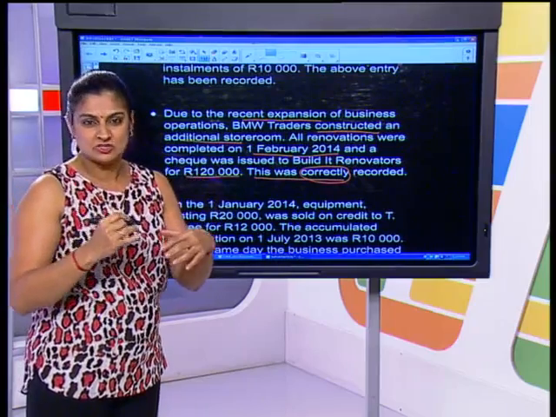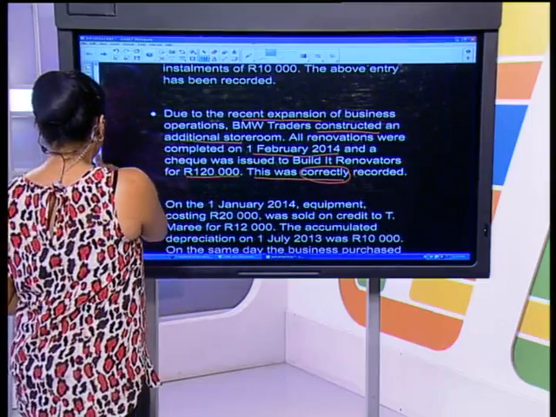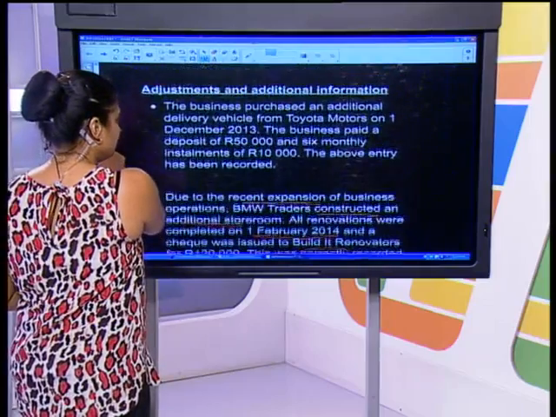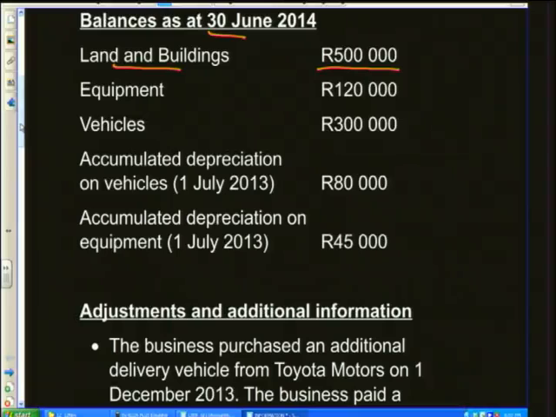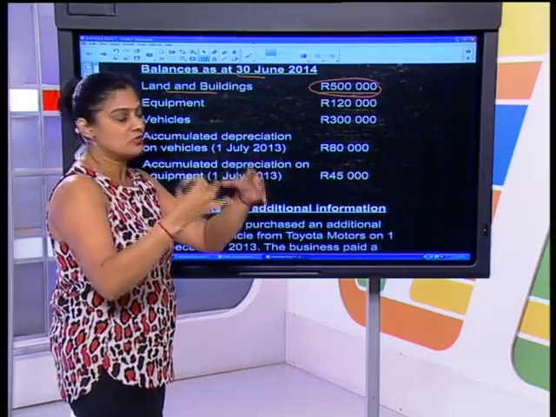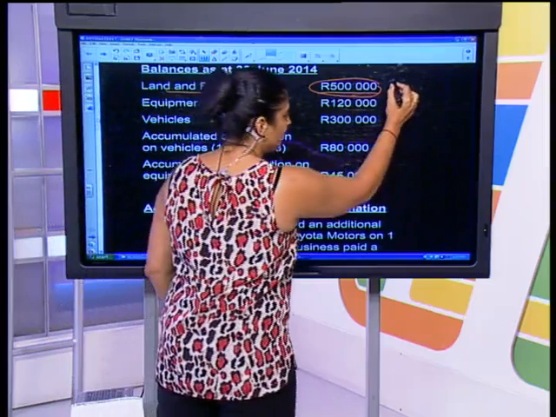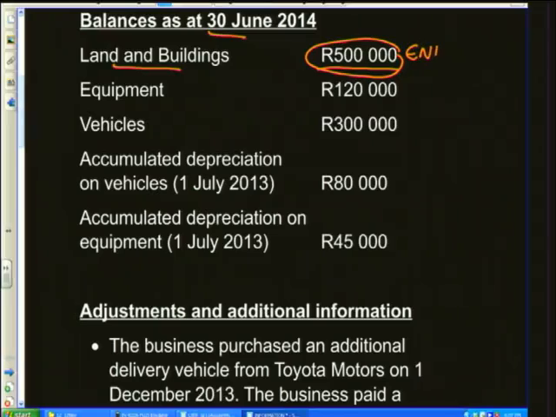Now, how are we going to disclose this information? Let's go back to our information given to us at the beginning of the question. So, land and buildings. I'm given land and buildings an amount of 500,000 on the 30th of June 2014. So immediately, because the construction of that additional storeroom was recorded, this balance represents my balance at the end of the financial year.